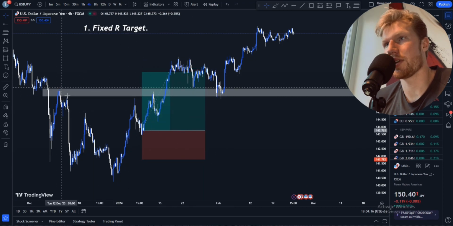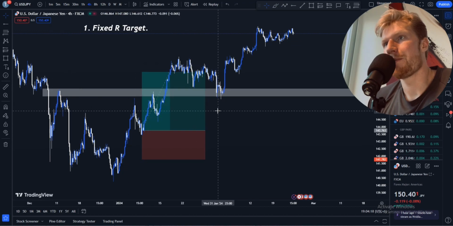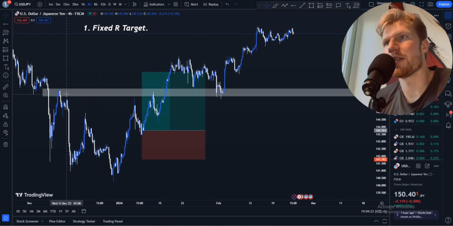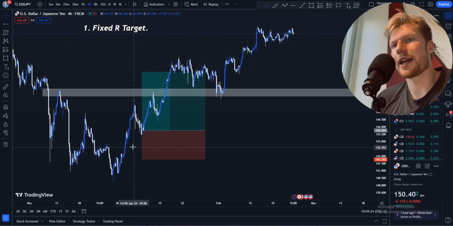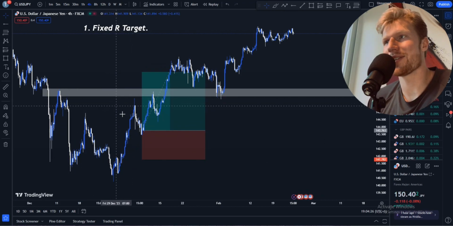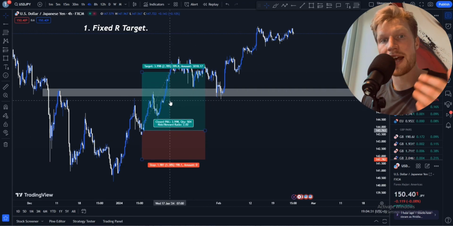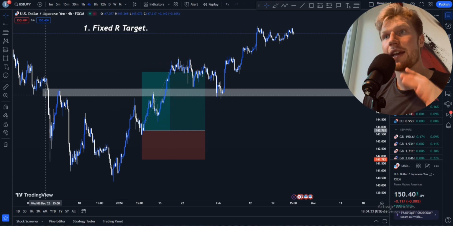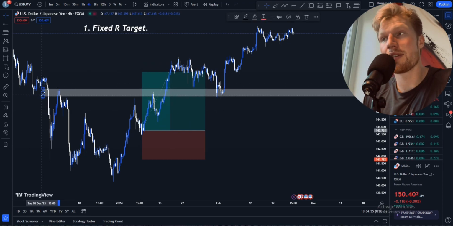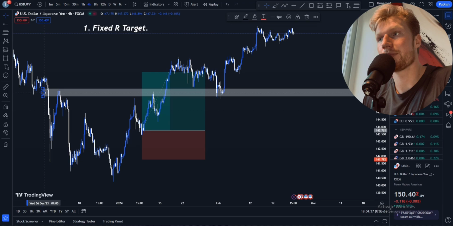Now in this case, we don't really, but in some circumstances you might have a high that has held for multiple weeks, and your stop loss is way above that. So your TP is way above that. So that's the only downside. But nonetheless, in terms of simplicity, I actually think this is a pretty good approach.